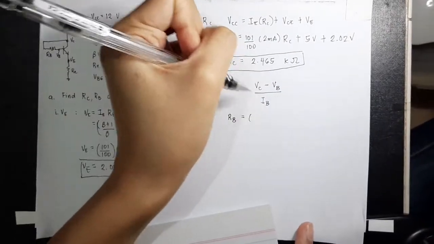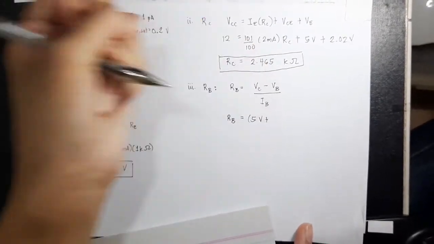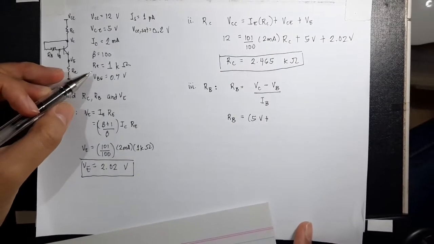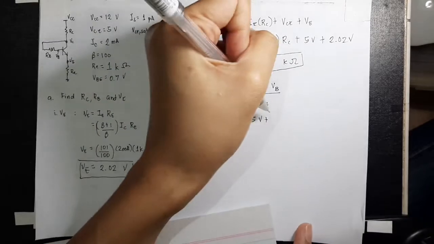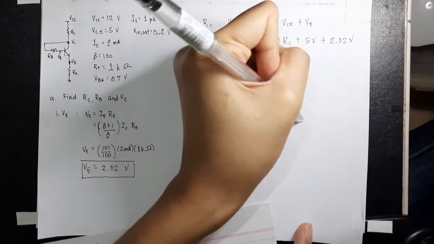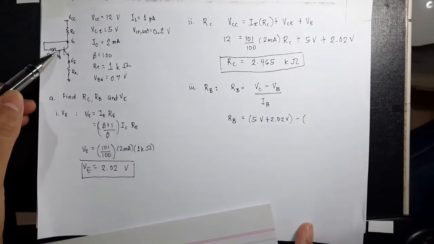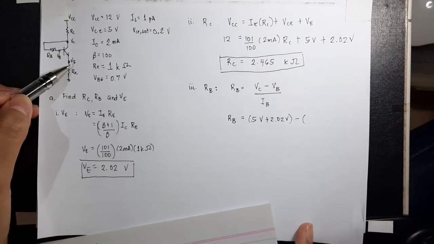So that's VCE, 5 volts, plus VE, which is 2.02 volts, minus our VB, which is VE plus VBE.